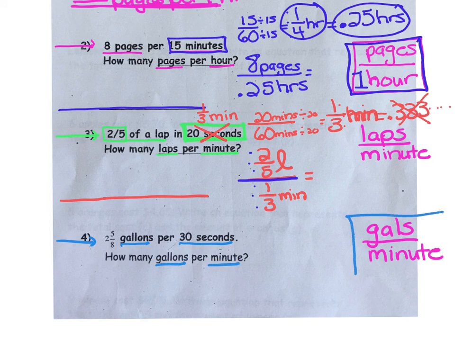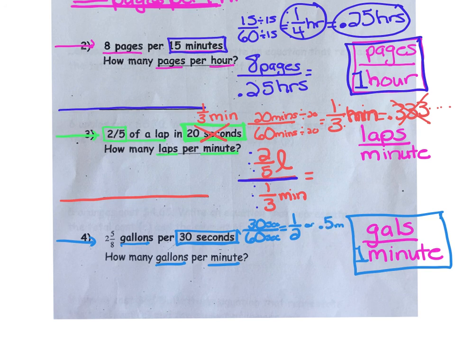So we want gallons per every 1 minute. We need to convert seconds into minutes. So set up a fraction. 30 seconds out of 60 seconds total, which reduces down to 1/2 or 0.5 minutes.